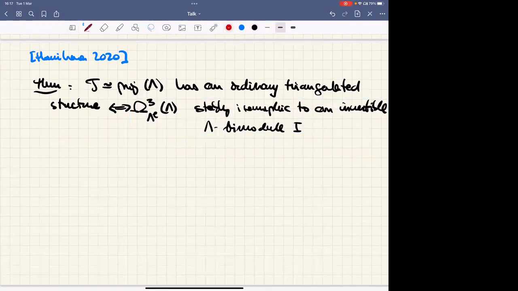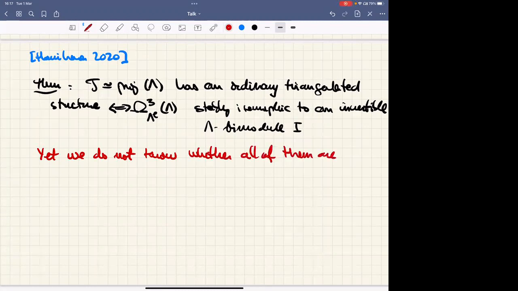Yet, we do not know whether all triangulated structures are algebraic. Why? Because in principle, Hanihara doesn't establish a relation between this property and the exact triangles in a given triangulated structure.